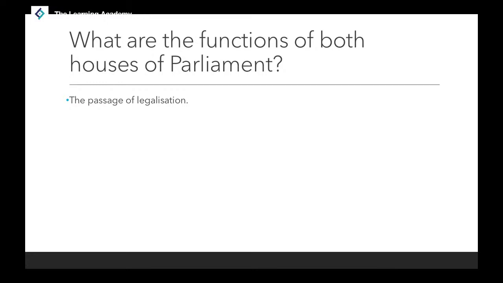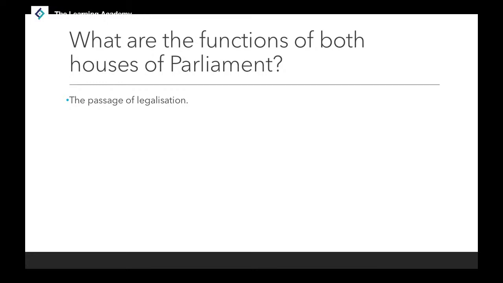So that's public bill statistics. We can look at the volume of legislation, the number of acts passed during the Parliament. We can look at all of these pieces of evidence to support the fact that we have the passing of legislation. That is the function of Parliament.